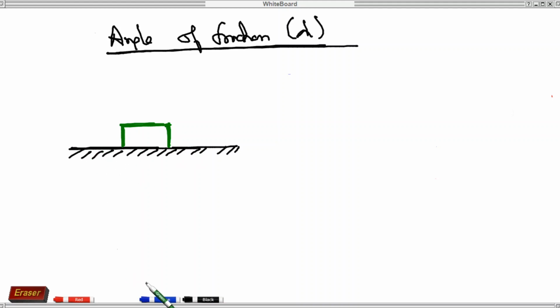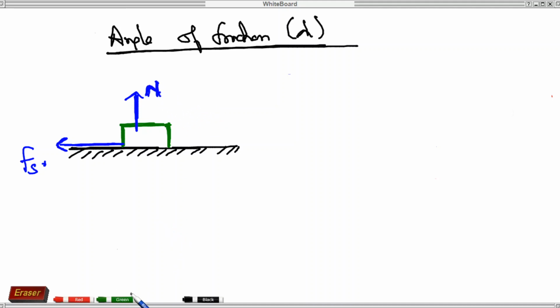So here this will be Fs, and here will be the normal force.